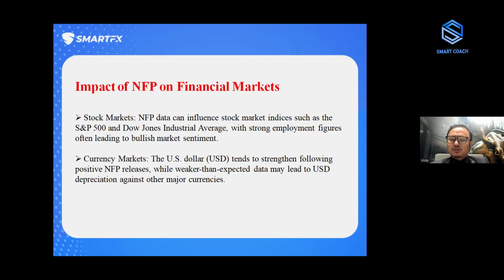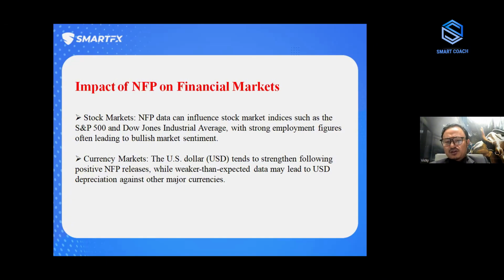If the data shows more people were employed in the previous month, people will have more money at their disposal and can invest and spend on goods and services. The economy will expand, and when the economy expands, the value of that country's currency goes up.